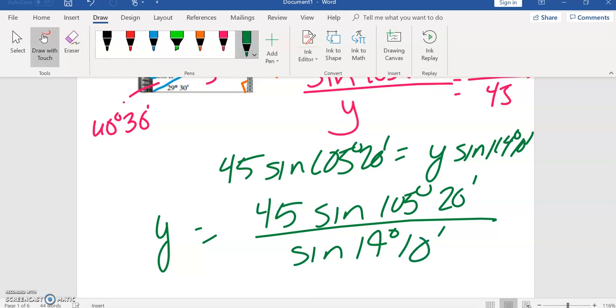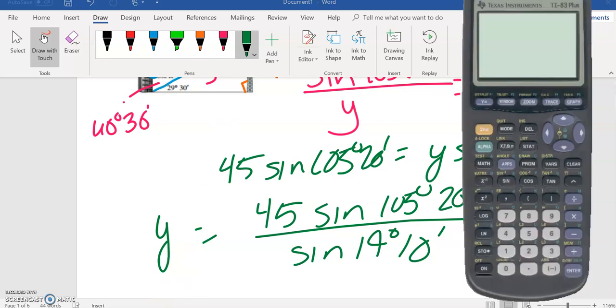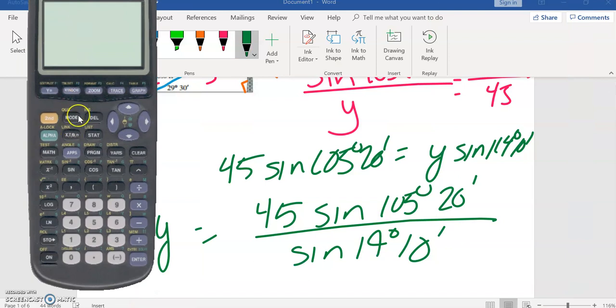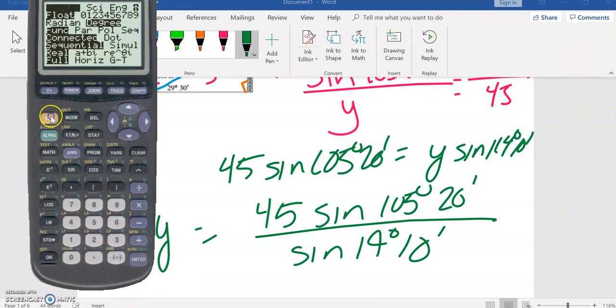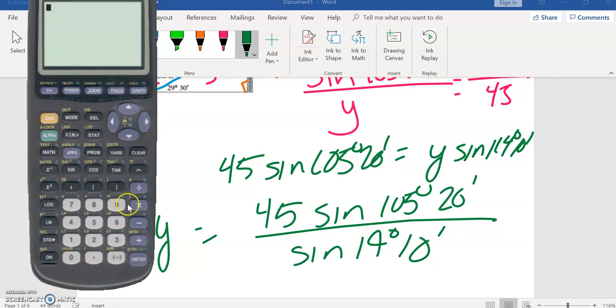At this point, I'm going to get out my calculator and crunch this through. The first thing to do is make sure you are in degrees. Okay, I'm in degrees. So then I'm going to do the sine of 105.